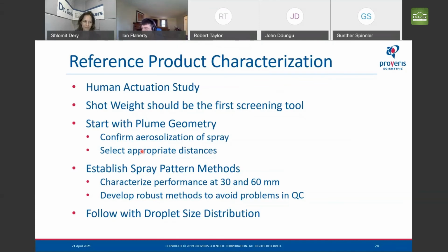What you do with formulation and other things is not really going to affect the performance very well. From there, we recommend people move into plume geometry to confirm that the spray is aerosolizing uniformly and properly in comparison to the reference product. And from there, we move into spray pattern, followed by droplet size distribution.